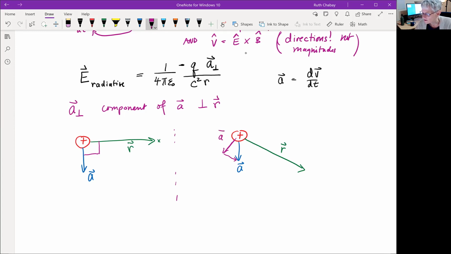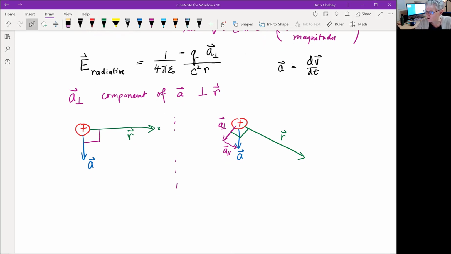We would call this a parallel, but we're not actually very interested in it. And it's that component of a that's perpendicular to r that's the a perpendicular in our equation up here.